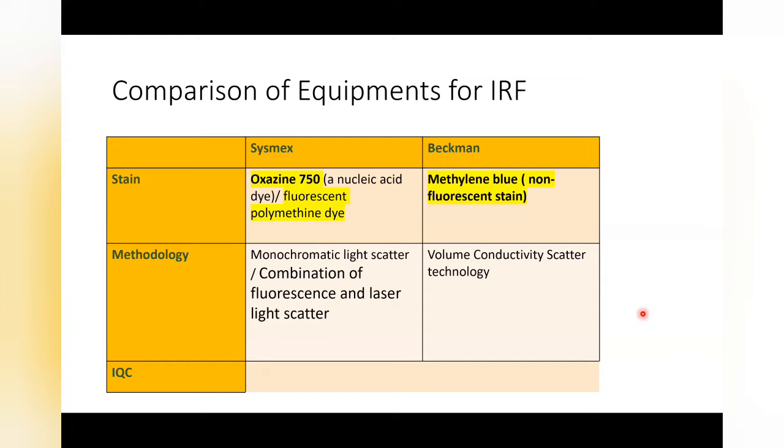Therefore, they can be differentiated from WBCs very well because WBCs have more DNA. So, on the basis of the difference in the fluorescence itself, reticulocytes are separated from the WBCs. So, this is on the basis of oxazine 750 dye. Whereas when we talk about Beckman Coulters, they have a non-fluorescent stain for staining reticulocytes. This is methylene blue, and the methodology that they use is VCS, that is volume, conductivity, and scatter.